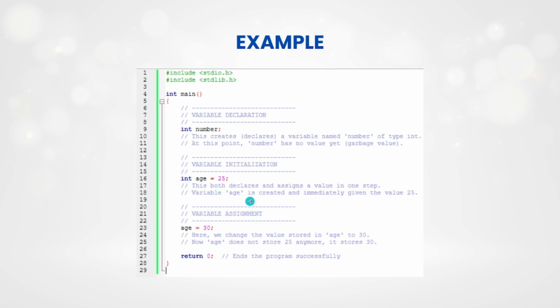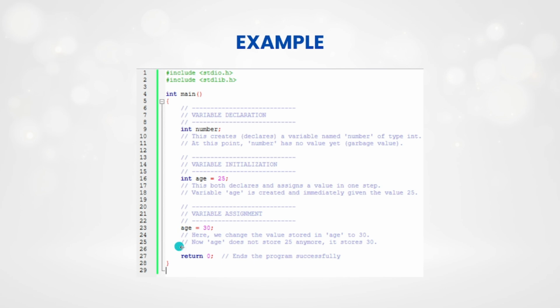Variable age is created and immediately given the value 25. From the word initial in initialization, you're declaring a variable named age with a data type int and an initial value of 25. Also do not forget putting a semicolon after giving a value. So that is variable initialization.